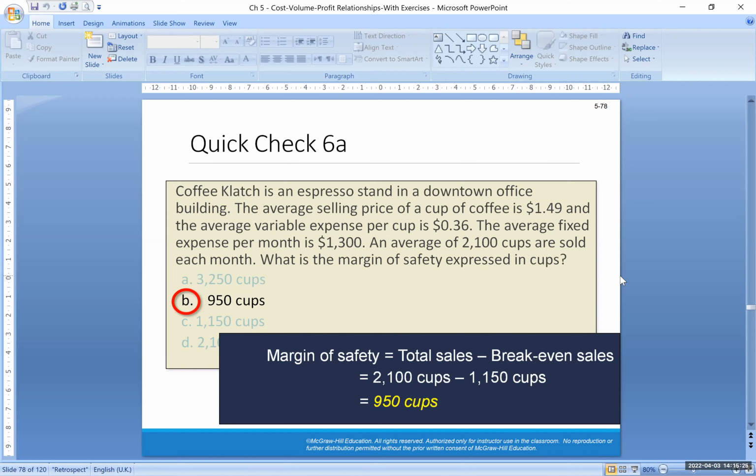So the answer will be 1,150 cups. Now, the difference between the actual sales and the sales of the break-even will equal the margin of safety in units. So the answer is B, 950 cups.